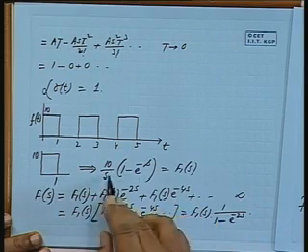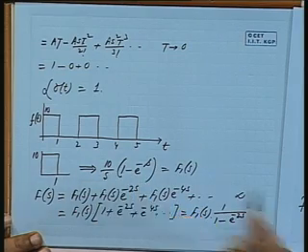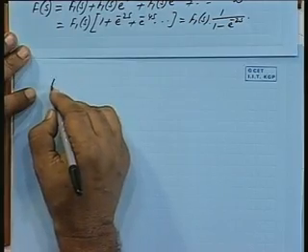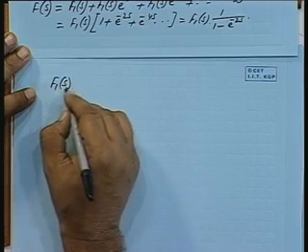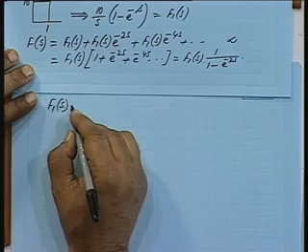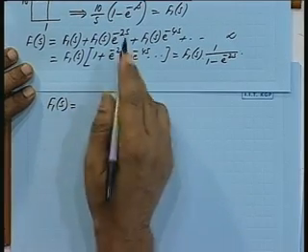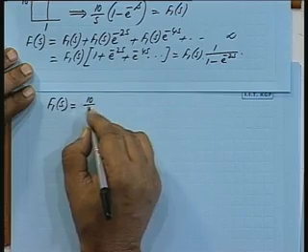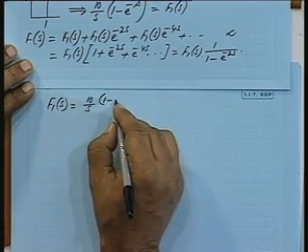Now, F1(s) is already obtained, substitute that. What do you get? Already known. I am just repeating it here.